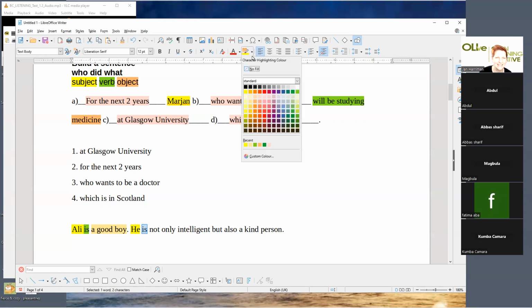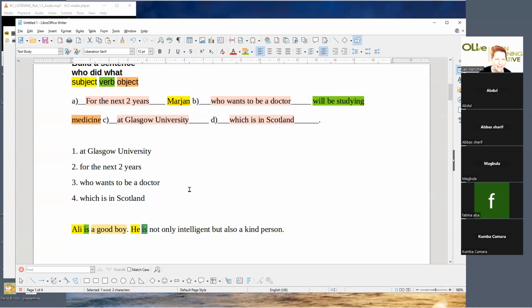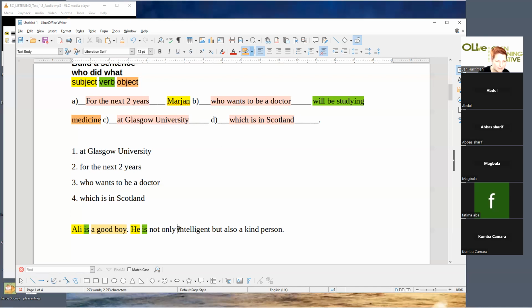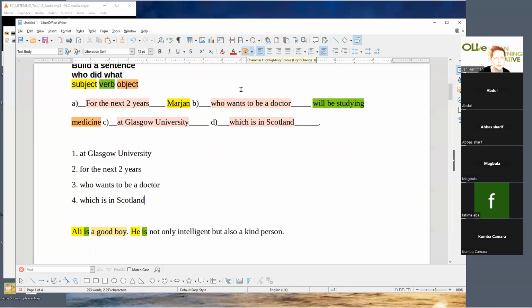Once again, is. Exactly. And what is our object? It's not only intelligent. There is always an object. Exactly.